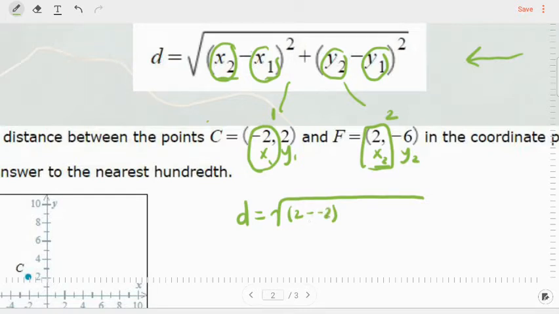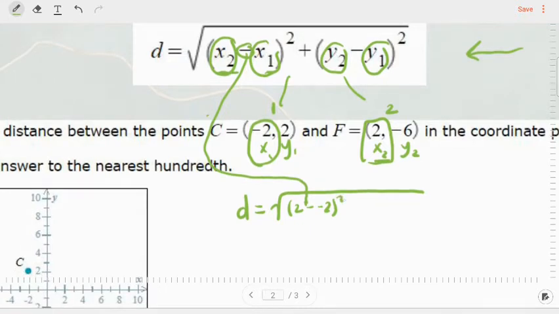Notice that I included this minus sign right here, and this other second negative is from the negative 2. The formula says to square that, plus, and then parentheses, I'm going to take my second part of my equation. y2 matches with negative 6 minus, because that's part of my equation, y1, which is 2, squared.